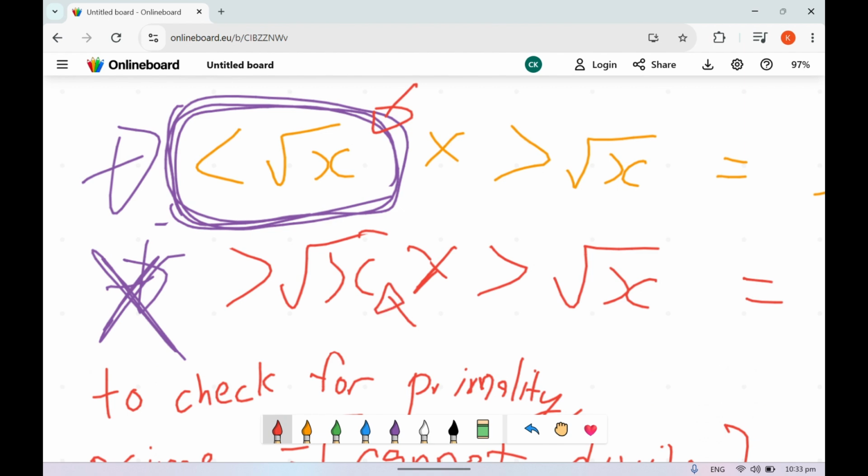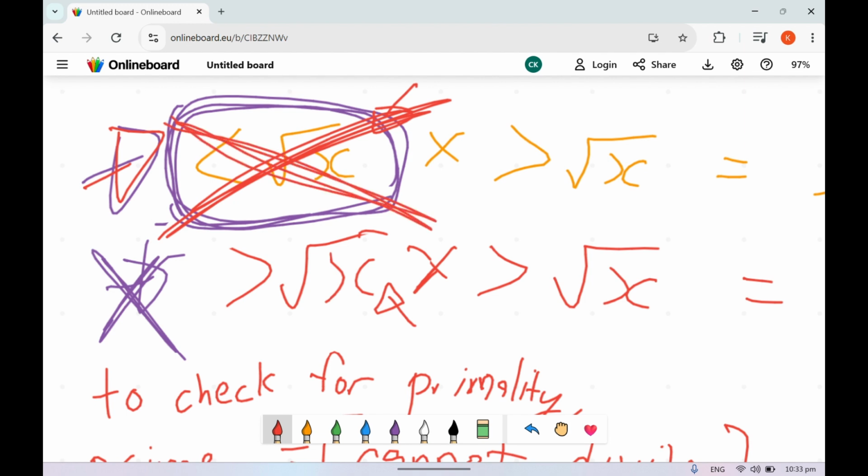This is left, agreed. So since we've finished checking and we've seen nothing can divide, bye bye, we are going to eliminate this. Now we have checked everything less than the square root of x, and we agree that there are no factors as such except one. No other factors as such.